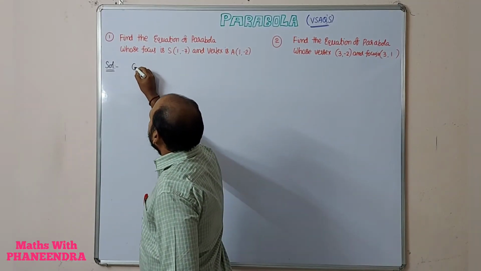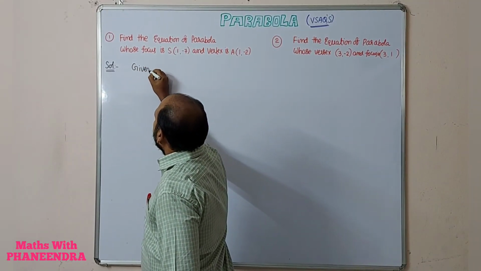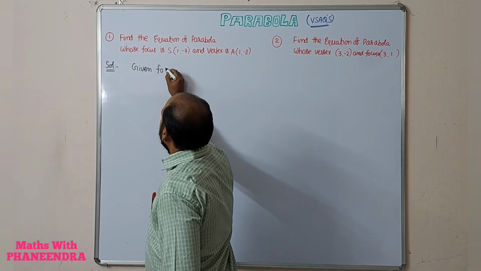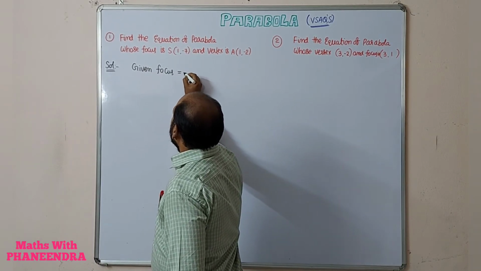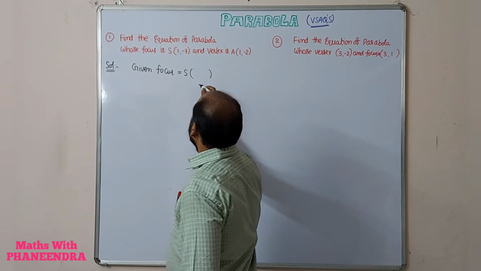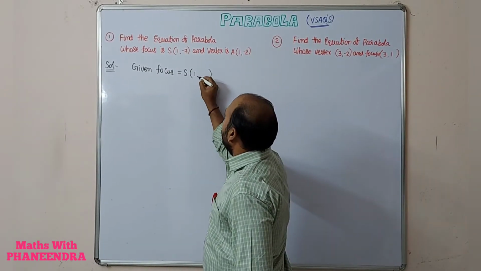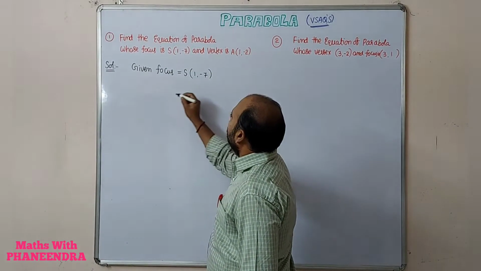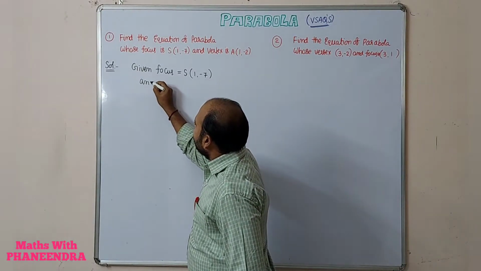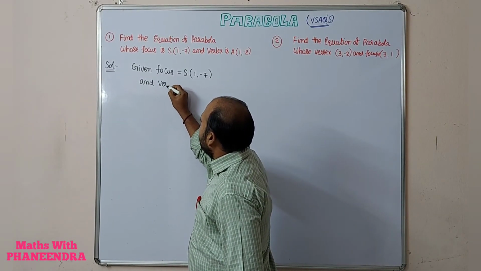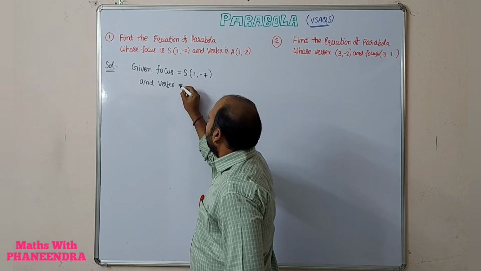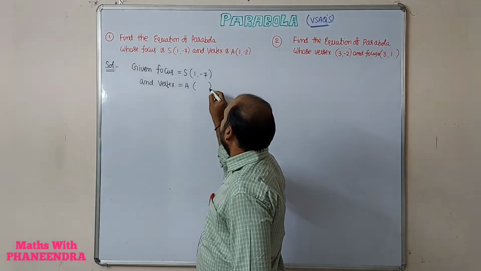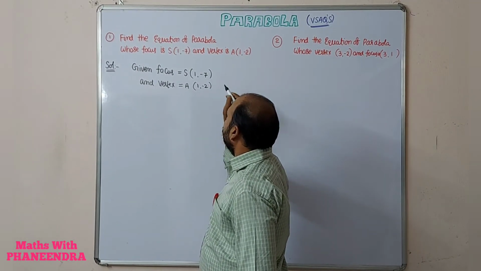Given focus and vertex, focus denoted by S, focus value 1 comma minus 7 and vertex denoted by A, capital A is equal to 1 comma minus 2.